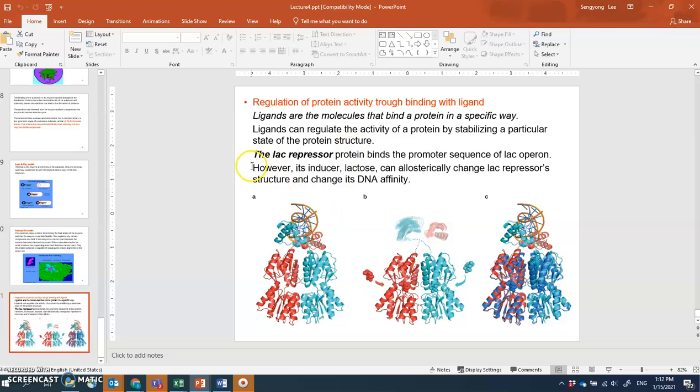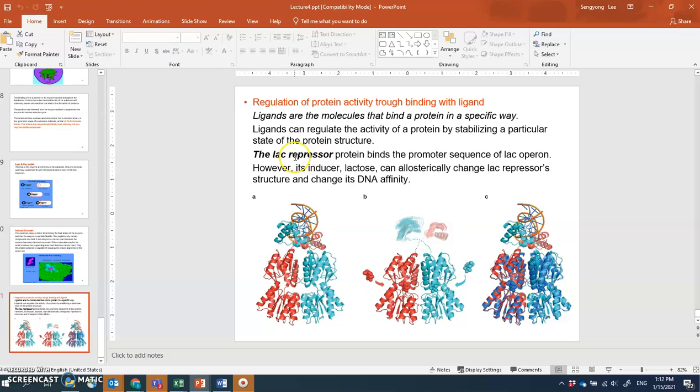The example given here is the lac repressor protein found in bacterial cells, the lactose repressor. This is a DNA binding protein. We'll talk about it again when we talk about the gene expression regulation mechanism in prokaryotic cells. This repressor protein binds on the operator sequence near the promoter of the bacterial genome. Normally, when it binds, it stops the transcription because, as the name says, it represses the transcription of a gene by blocking the access of RNA polymerase.